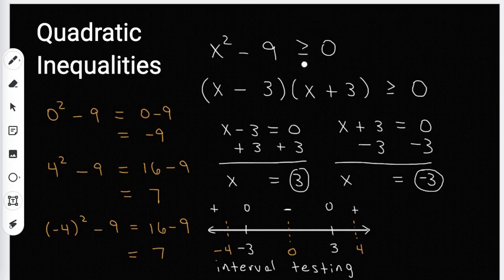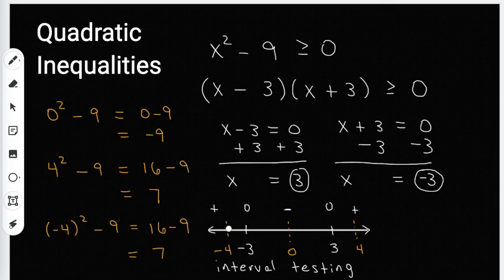Well, notice that we have a greater than or equal to symbol. So we need to choose a result greater than 0, which is going to be the positive result, or it could be equal to 0, which is what happens when we're on the roots, -3 and 3. So which intervals are positive?